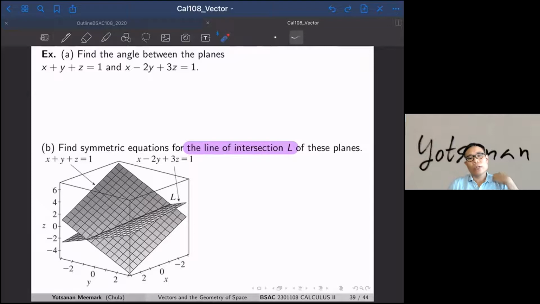How would we determine the angle between two planes? You're going to find the angle between two planes by just using the normal vectors.